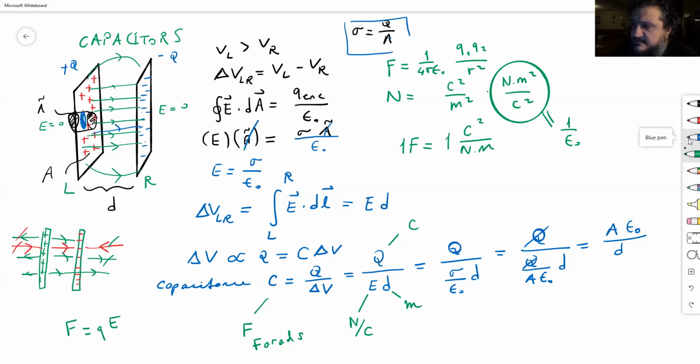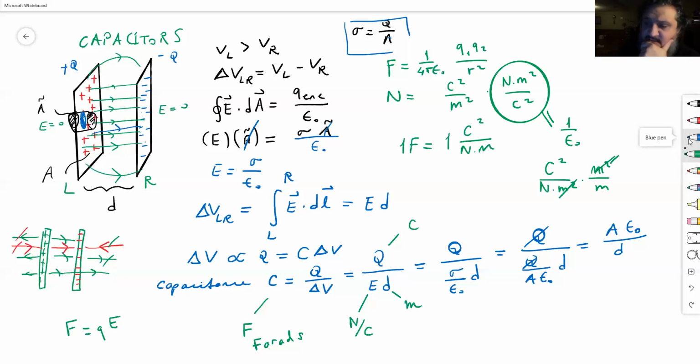So for epsilon 0, I will have units of Coulomb squared over Newton meter squared, and then I have A over D, meter squared divided by meters. Again, I get the same thing. Coulomb squared per Newton meters.